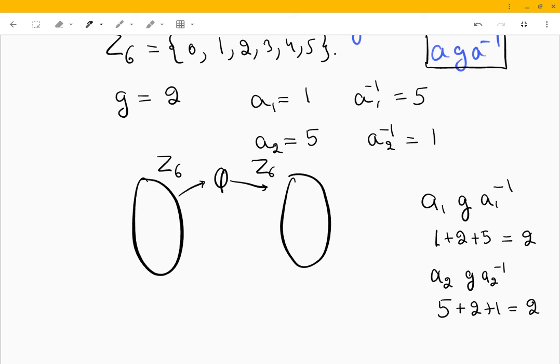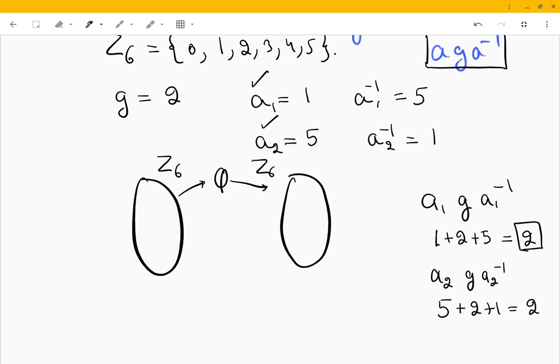However, this is a very simple example. See, our group is abelian, and every element has just one conjugate. So it will be mapped to itself. No matter what we choose to be A1, A2, it does not matter.